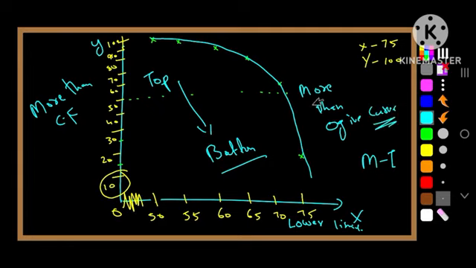So this is the most important point which you have to remember: for the less than ogive curve, the graph always goes up, whereas for the more than ogive curve, the graph always falls down, that is, top to bottom. So this is more than type and this is less than type.